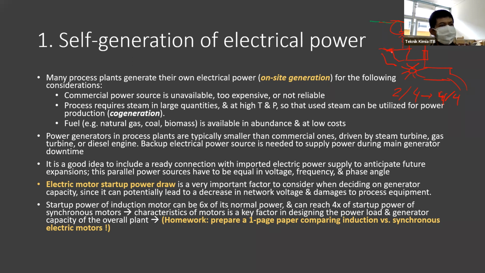Can you understand what I said? So if a big plant, suppose Pertamina refinery unit 1 to 5, asks for supply from PLN, PLN will have trouble. Why?